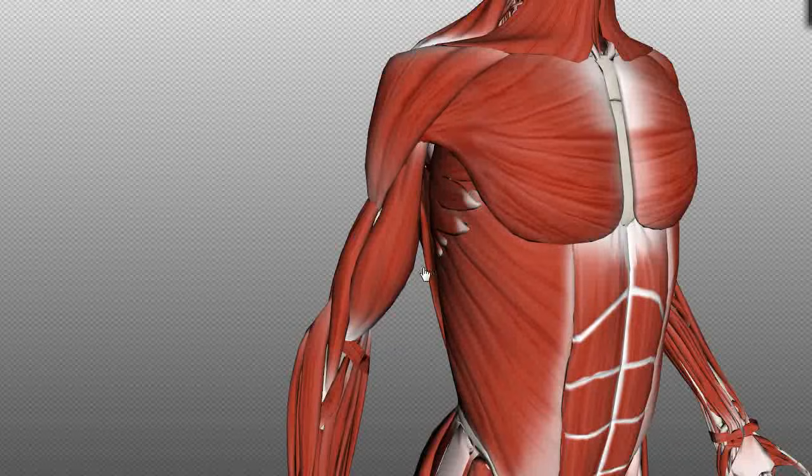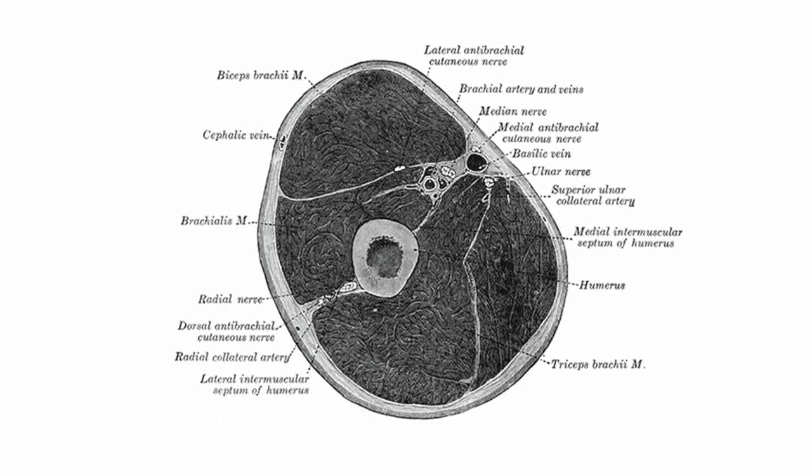So it's not shown on this model, but the anterior compartment is separated from the posterior compartment by intermuscular septa and also the humerus. So I'll just flick over to a cross section to demonstrate this. So we're just looking at a cross section of the upper arm here. This is anterior up here, posterior down here, medial and lateral.